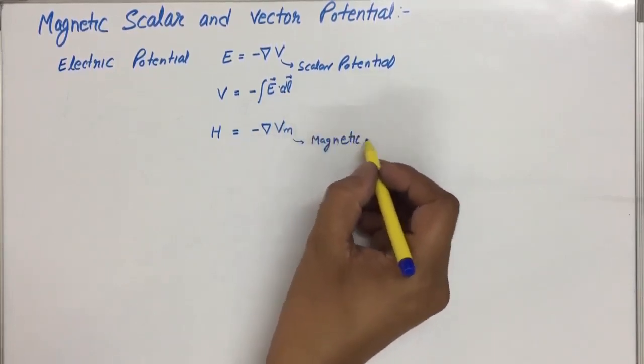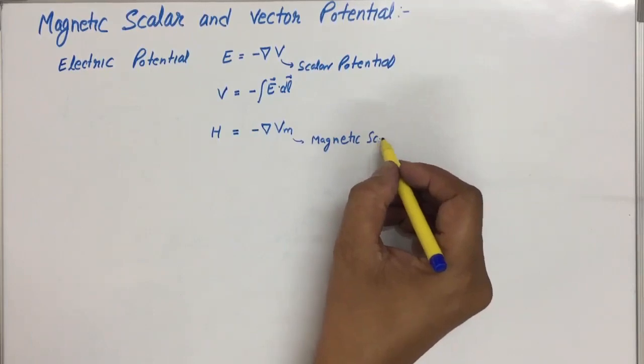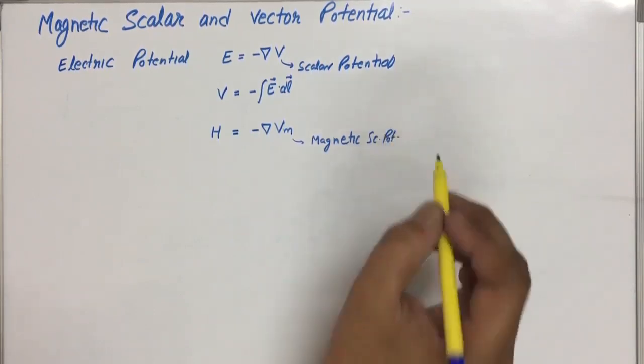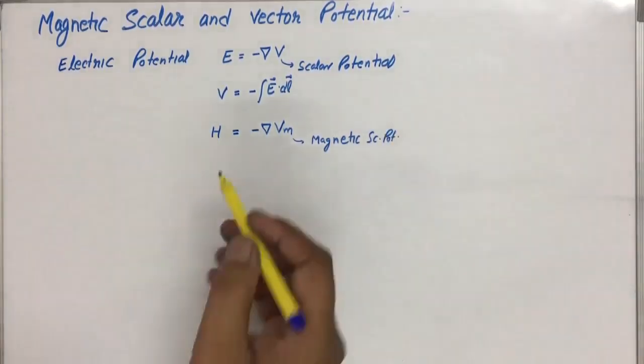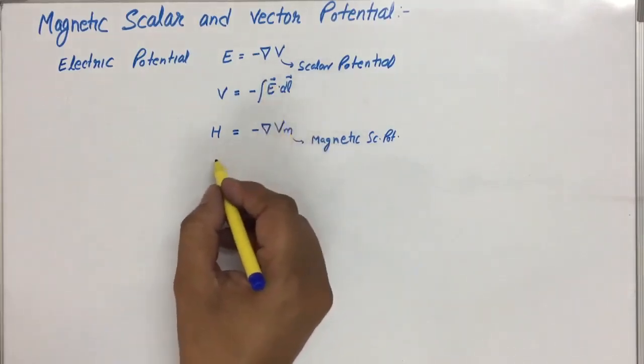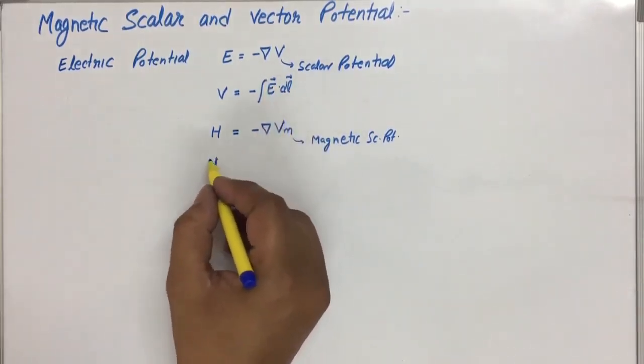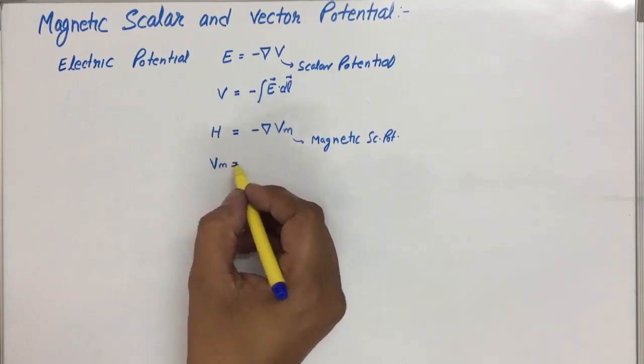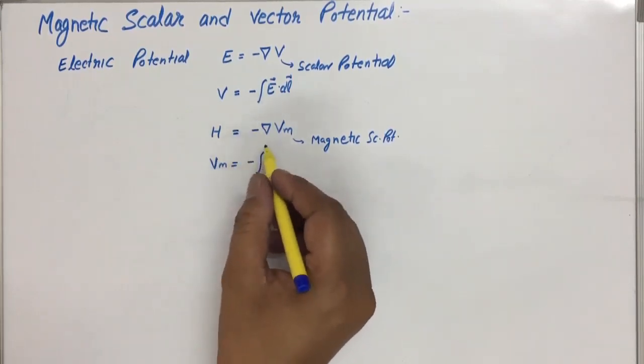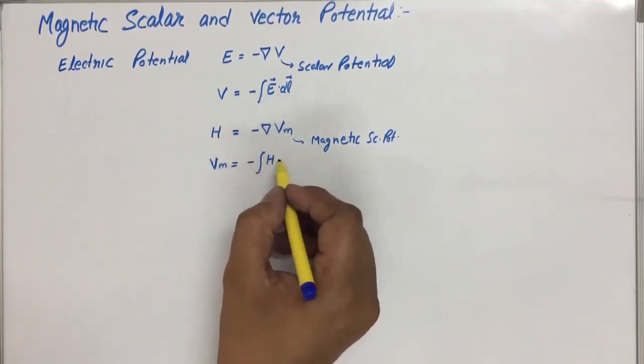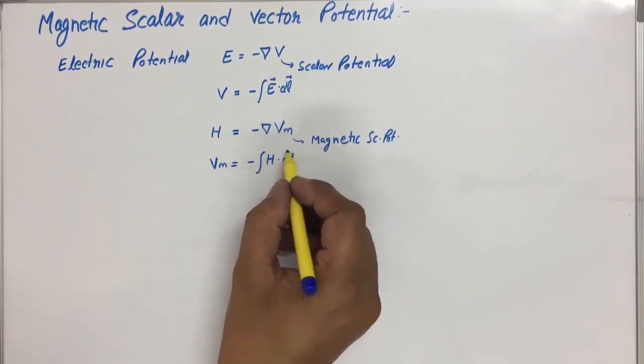And similar to this, Vm is equal to minus integral of H dot dl.